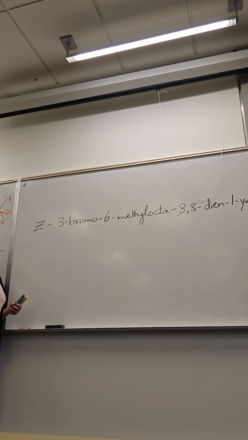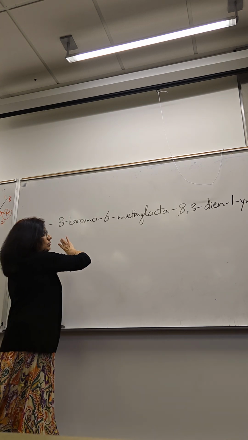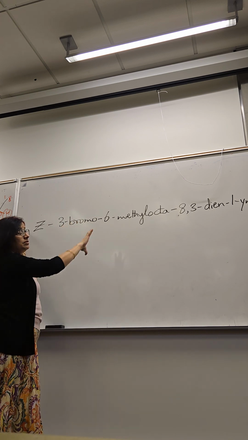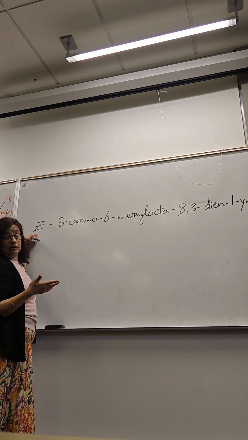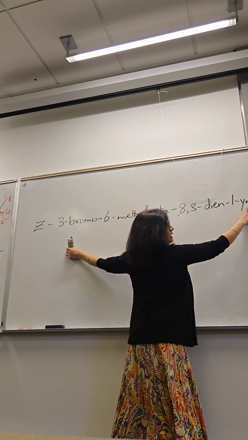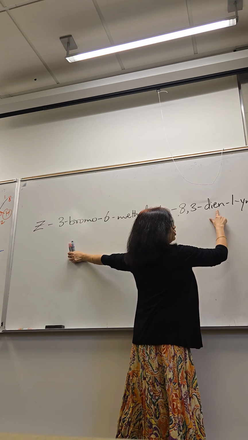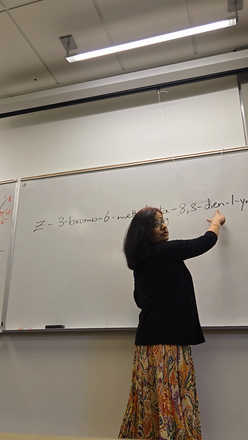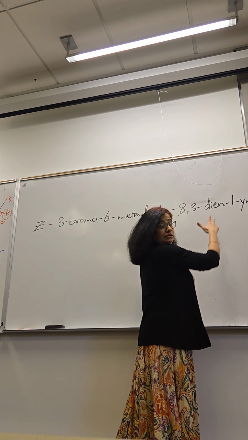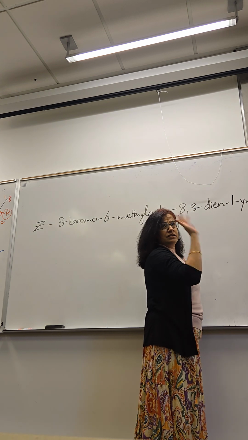So here's the thing, the question that I think I got from you, there's no number here, right? What part of this name can actually be E or Z? Can this be E or Z? No. So only the alkene can be E or Z. Only alkenes are E or Z, nothing else is.